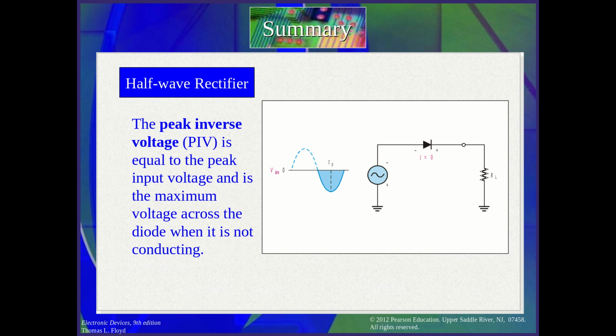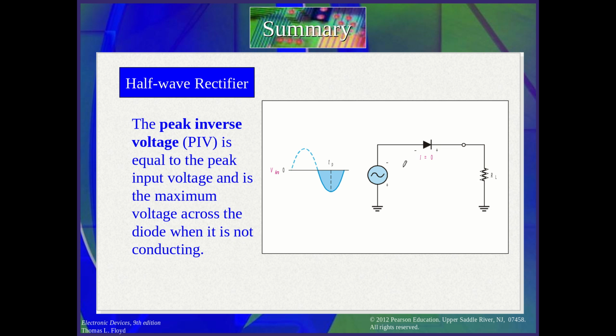So now let's see something else. We have here the peak inverse voltage, which by definition is equal to the peak input voltage, and is the maximum voltage across the diode when it's not conducting. Here V input is like this.